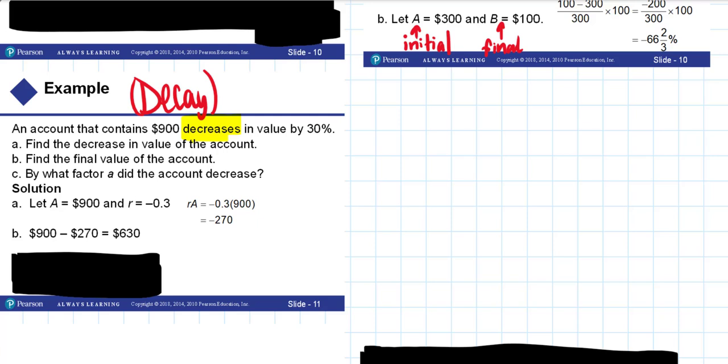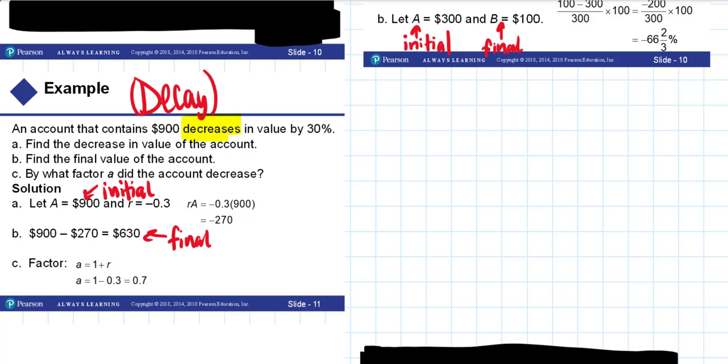So you have your final amount. This is our final. This is our initial. It says, by what factor did the account decrease? So they're not asking about percent change exactly. They're saying by what factor did it decrease? So if you count that initial amount as 100% of the price, so 900 was like 100%, and 630 is 30% less.